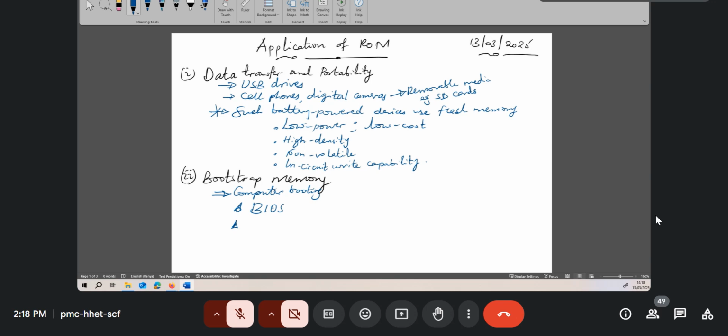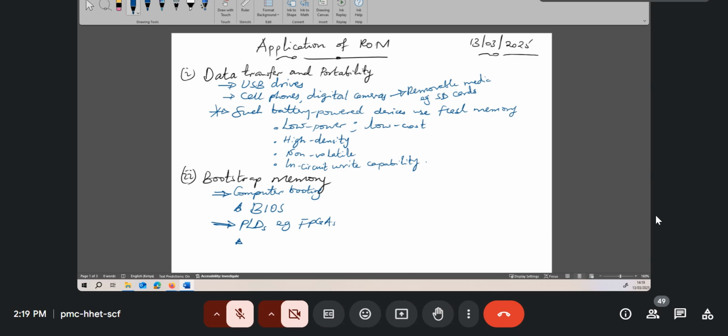Also, in the world of programmable logic devices, for example FPGAs, we will find read-only memories being used to store the configuration information for the device.